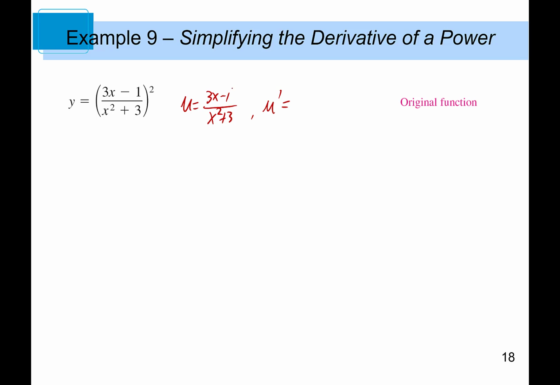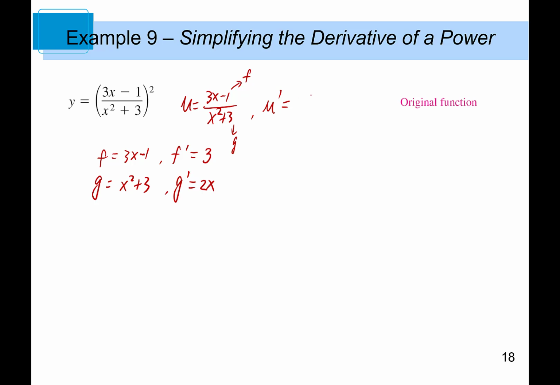So this is f, that's g. So f equals 3x minus 1, so f prime is just 3. And g equals x squared plus 3, so g prime is 2x plus 0, so it's just 2x.